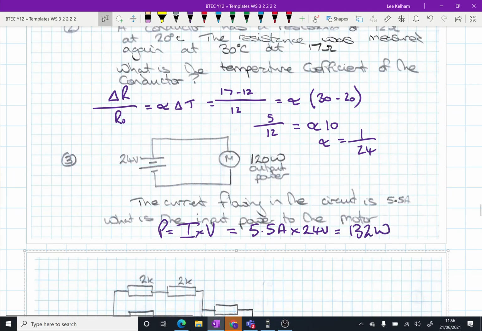And it makes sense. This question could go on to calculate what the efficiency is, but you're never going to get out more than you put in. If you do, let me know, and we can share that idea. So 132 watts to make a 120 watt motor spin. Okay, because it's not efficient.